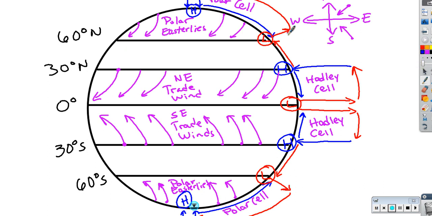So up here, where the air is rising, we're pushing the air aloft to create high pressure. Here where the air is sinking, there's less air up here, so we're creating low pressure. So naturally then there's a flow aloft from high to low, and so that forms this cell.